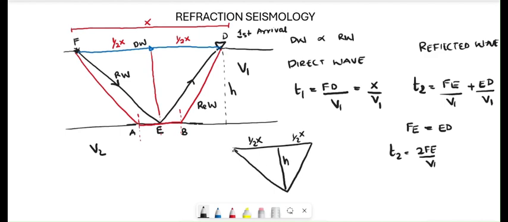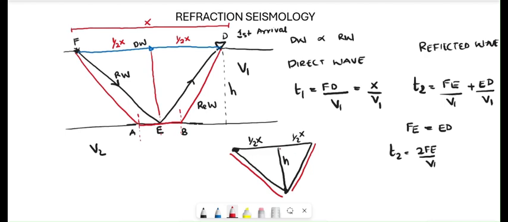So here is h. We want to know the distance from here to here. Now we've established that FE, that is from here to here, is the same as from here to here. And so that's why we have this equation. But we want to know this distance.